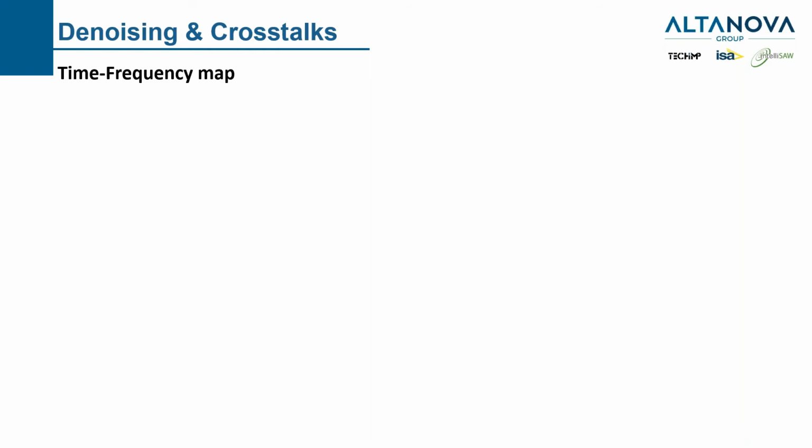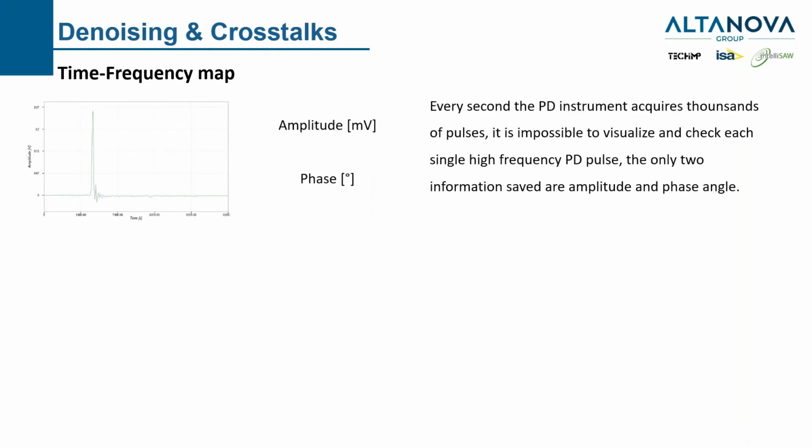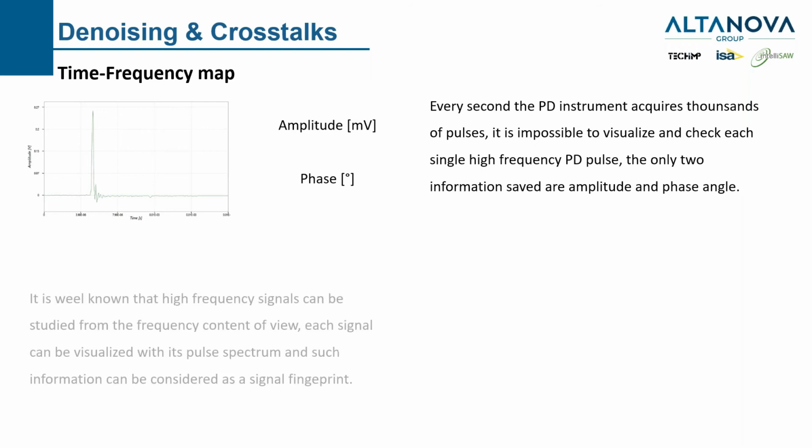Then, the main topic for the denoising is the time frequency map. Basically, the time frequency map takes advantage of the information we have in the waveform, in the pulse waveform. Normally, the only two pieces of information we get from the pulse are the amplitude and the phase angle, and we create the PRPD pattern with these two parameters.